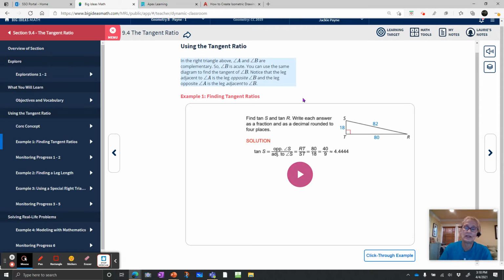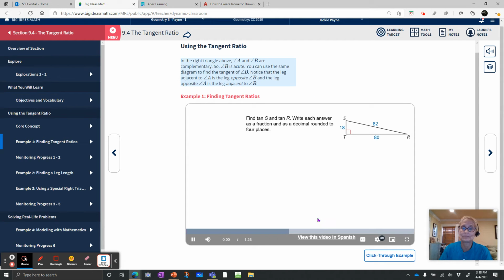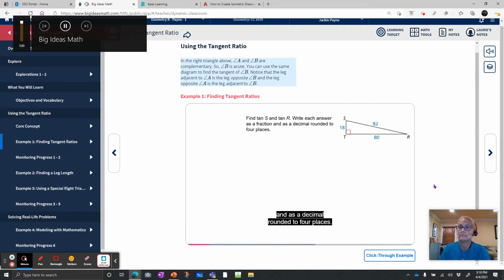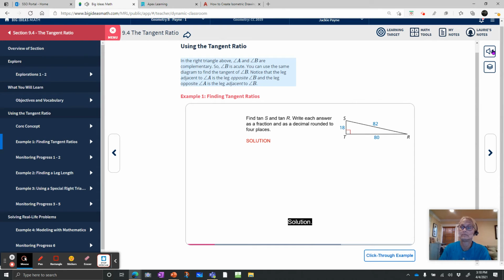So we're going to go ahead and do this example. Find the tangent of angle S and the tangent of angle R. Write each answer as a fraction and as a decimal rounded to 4 places. Solution.